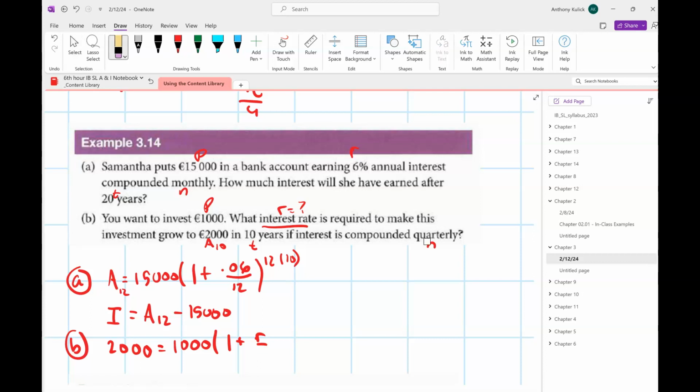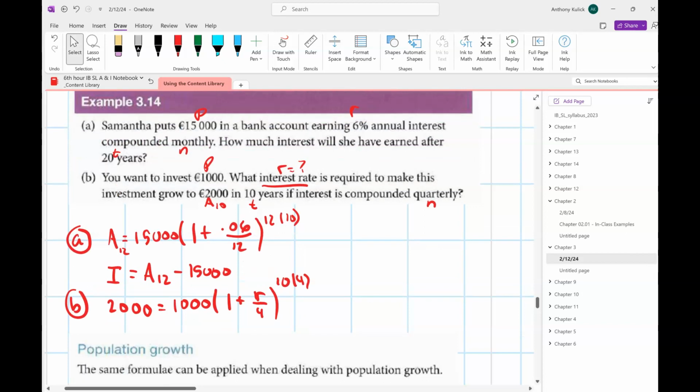Quarterly, 10 times 4. Everybody's okay with the setup?